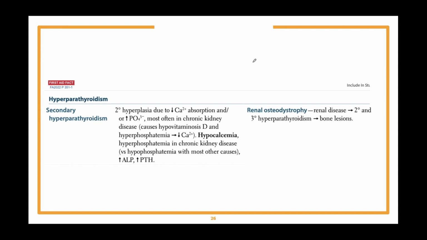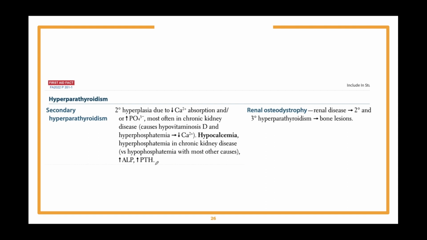So your phosphate levels in your blood are high. And that's why sometimes we will give patients phosphate binders when they have kidney disease to lower those phosphate levels.